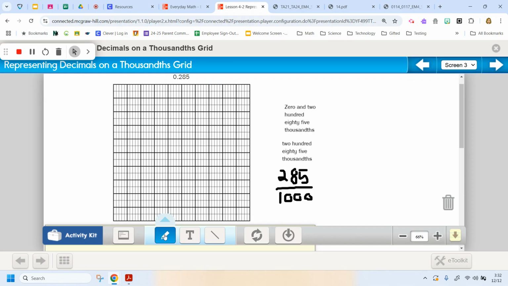We also talked about how we could add zeros to the end of a decimal number, and it actually doesn't change what we have, it just changes how we say it.